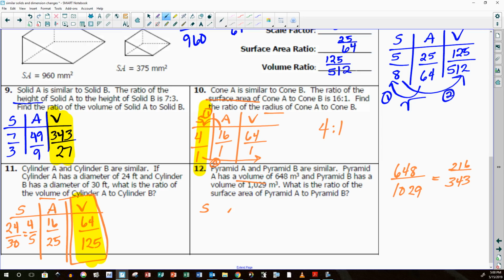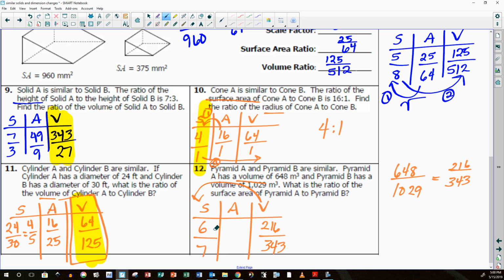So I'm going to do SAV. This is going to be 216 and 343. Now I've got to go from here all the way back to the beginning, so I have to take the cube root. The cube root of 216 is 6, and the cube root of 343 is 7.